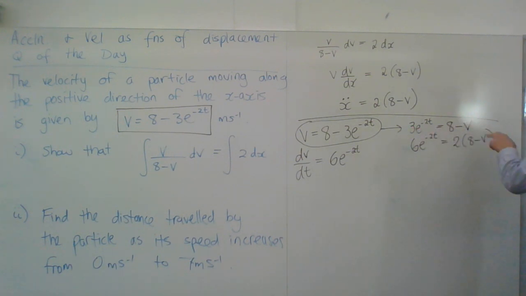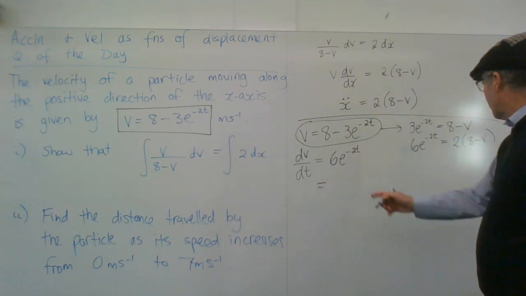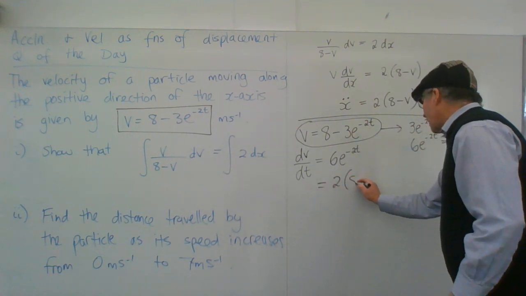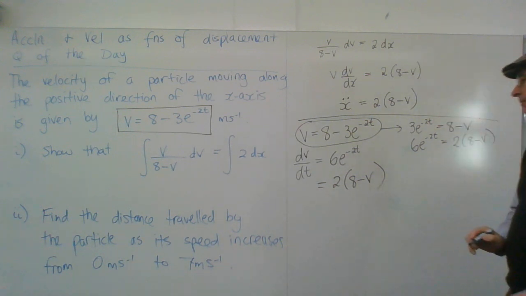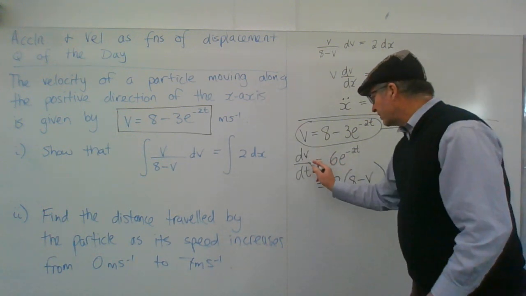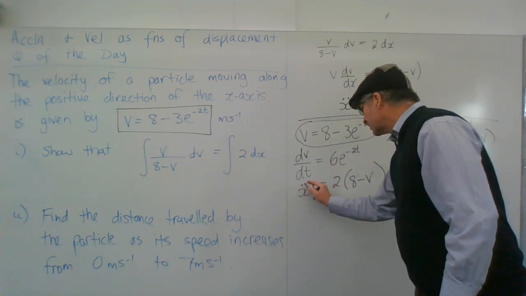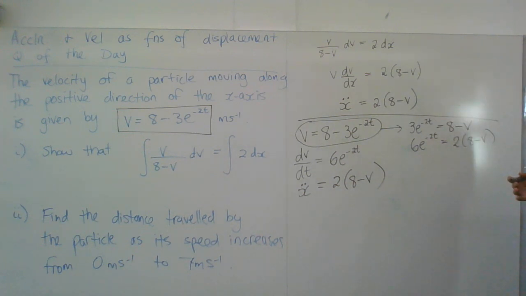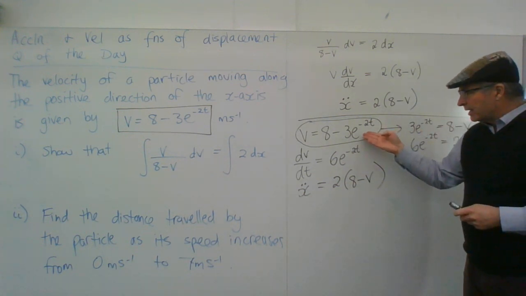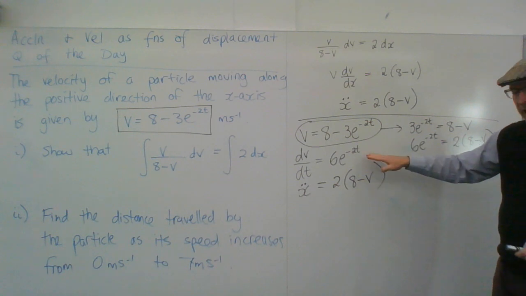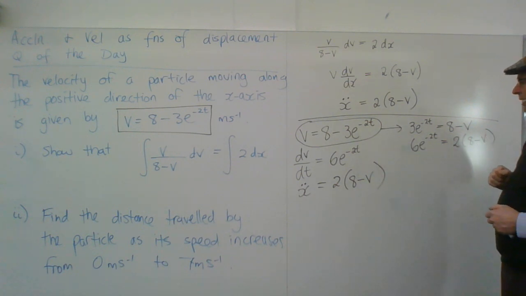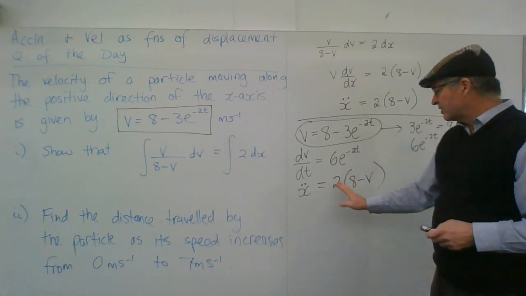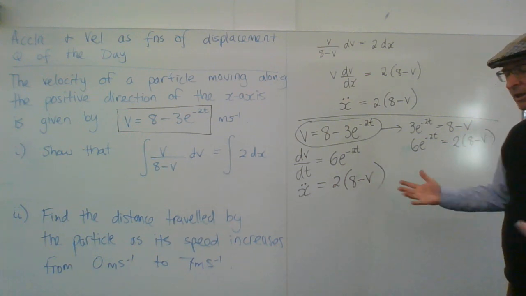I just doubled both sides. So that's true. 6e to the minus 2t is 2 8 minus v. Remembering that dv dt is indeed the acceleration. So I've started with my velocity, I've differentiated to get the acceleration, and I've shown that the acceleration is twice 8 minus the velocity.